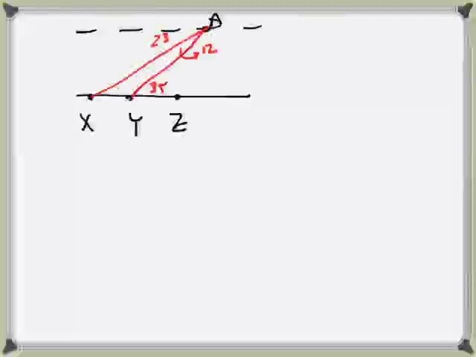Okay, I have another drawing for you where we're going to practice these vocab with angle of depression and angle of elevation. Okay, so this question says we've got an airplane, so that's our point A, and we got 3 people standing on the ground at X, Y, and Z. What is the angle of depression from A to X?